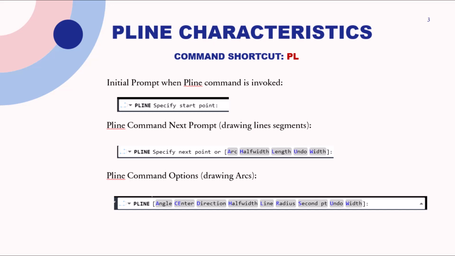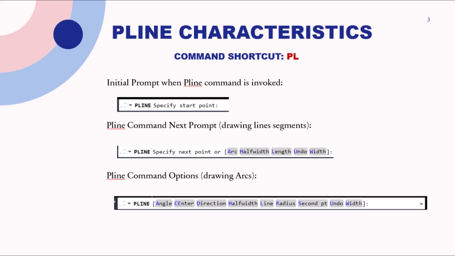If you do that, you have to specify the beginning and the ending width or half width of the polyline. Now, if you're going to draw arcs, then you're going to see several options as shown on the screen, similar to the one that we reviewed previously in these videos to draw arcs.